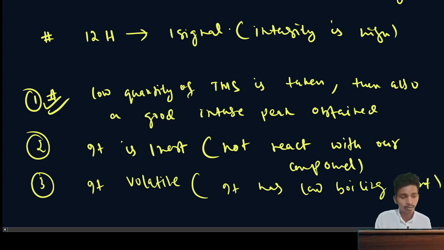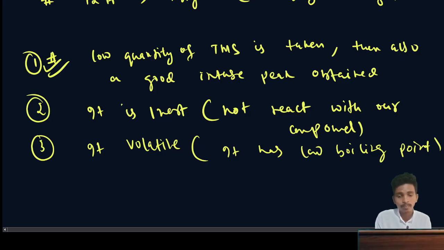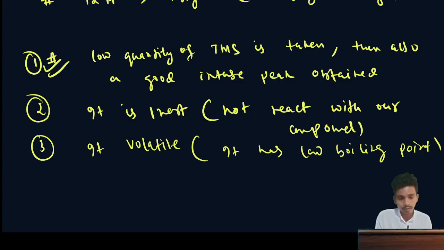Why do we take volatile compounds? Because if it is volatile, with a low boiling point, the solvent easily evaporates and our compound can be recovered. That means the TMS which we take as a reference can easily be recovered. So if any compound satisfies these conditions, we take it as a reference.